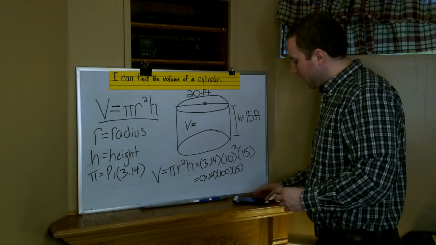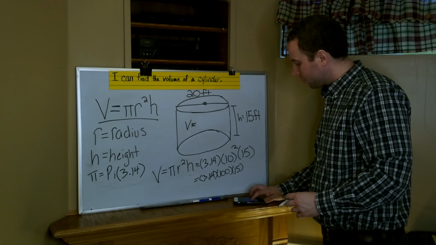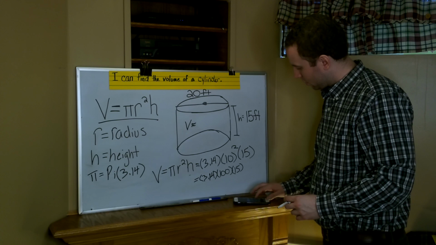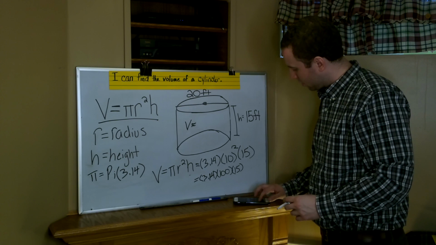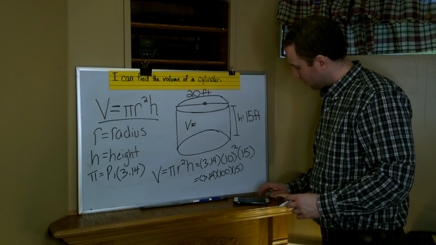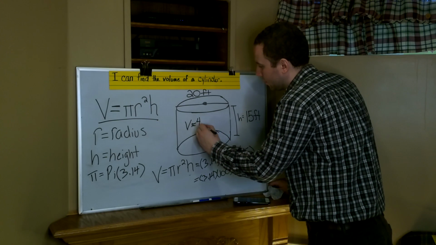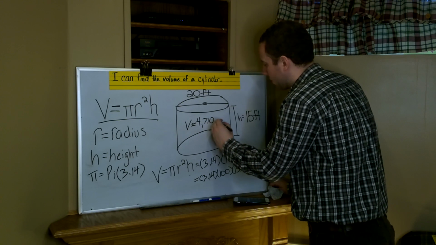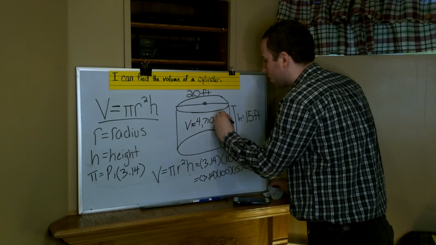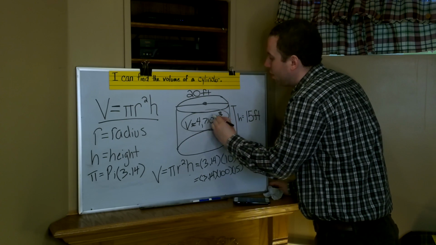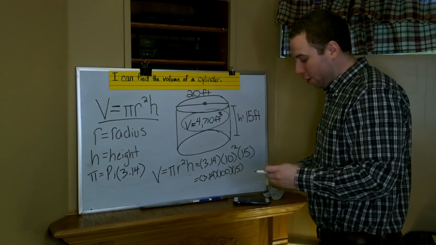So if we multiply this all together, we get 4,710 feet cubed would be our volume.